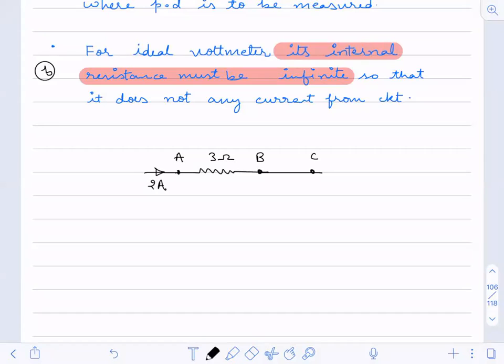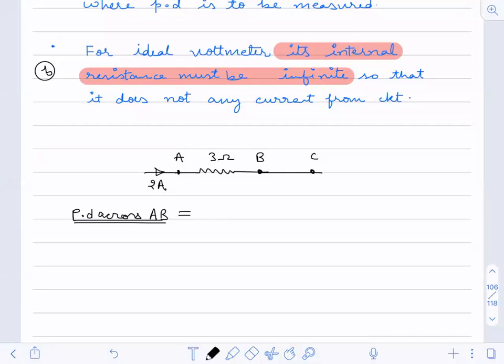Now you tell me what is the potential difference across AB? Yes, 6, good. So it is 6 volt.